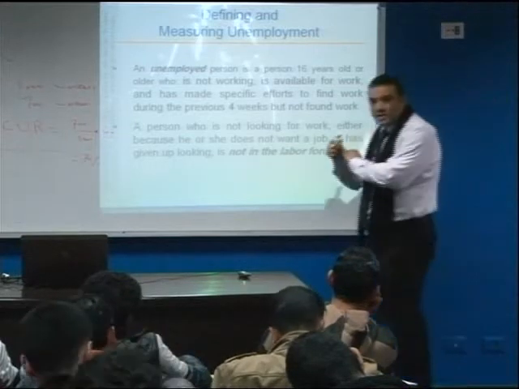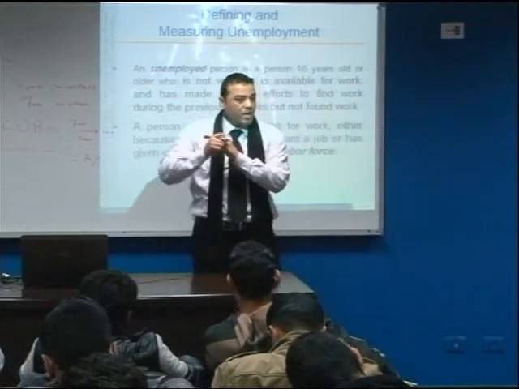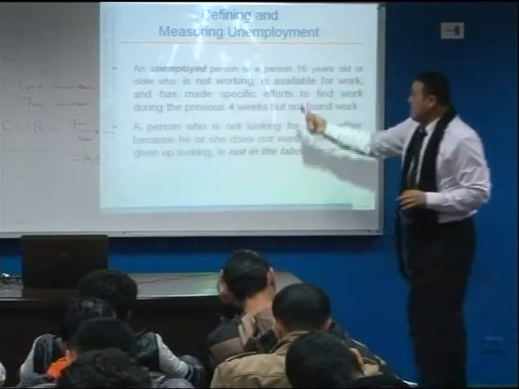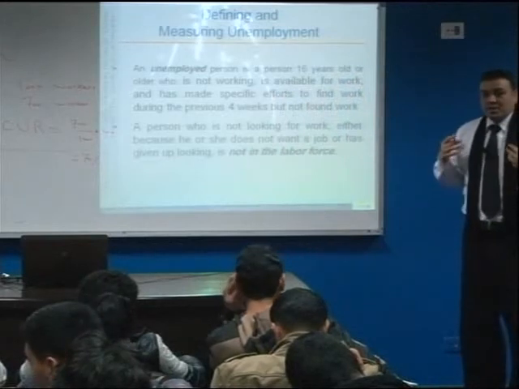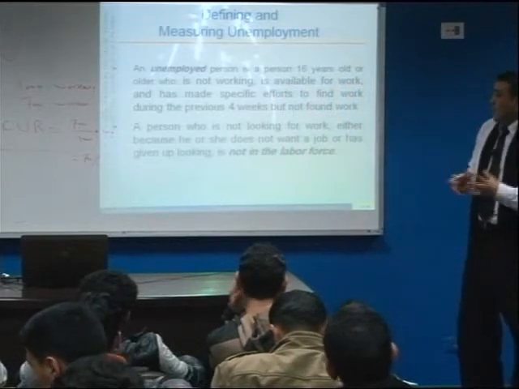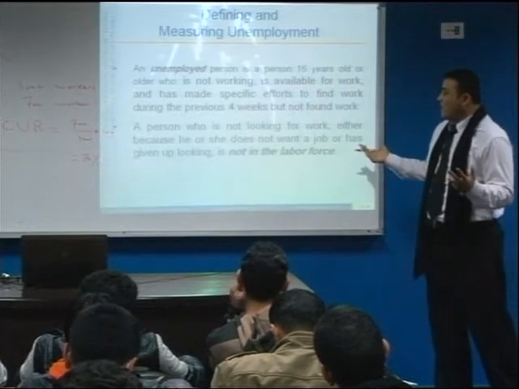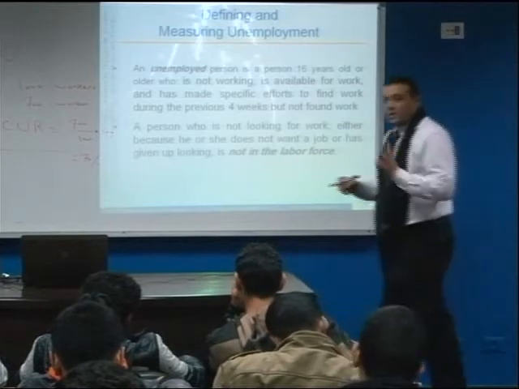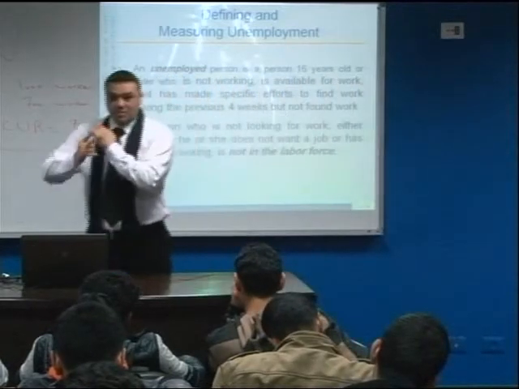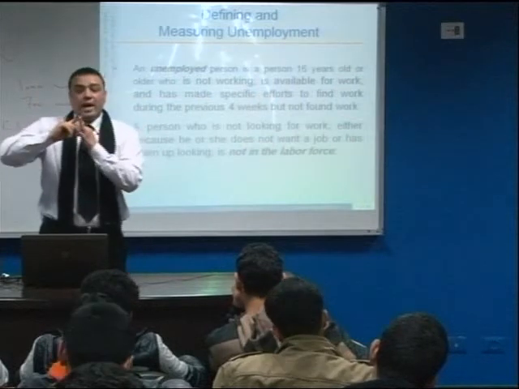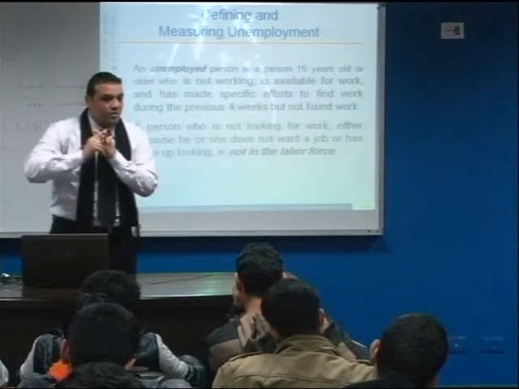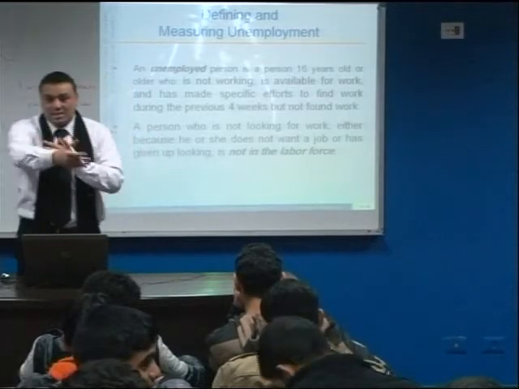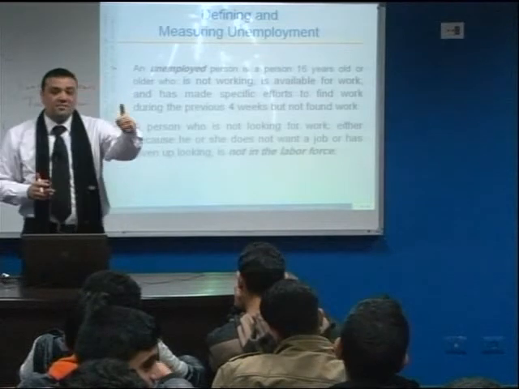We want to classify the people who are unemployed: first, 16 years old or more and they are not working, is available for work, meaning has the ability to work, and has made specific efforts to find work during the previous 4 weeks but has not found work. So he must be 16 years old or more, available for work, he searched for a job during the last 4 weeks and he didn't find one.